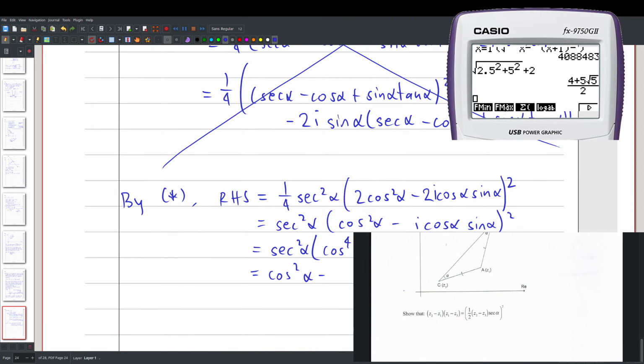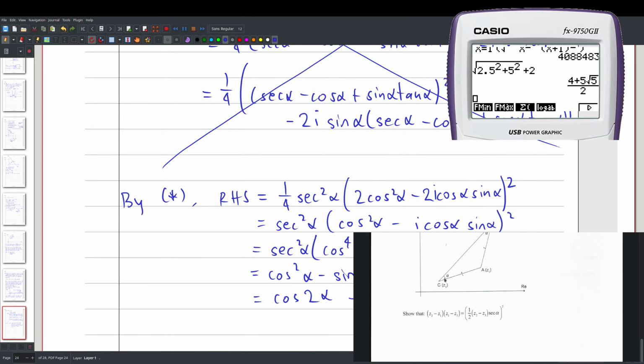Cos squared alpha minus sine squared alpha. That's 2i sine squared alpha. Cos 2 alpha, that's like the identity.